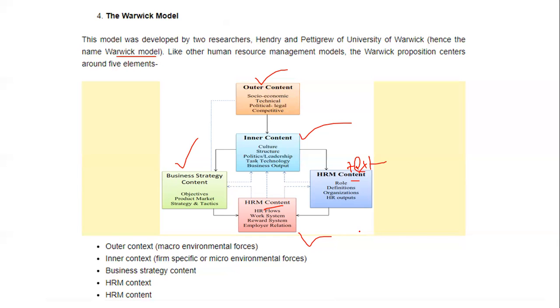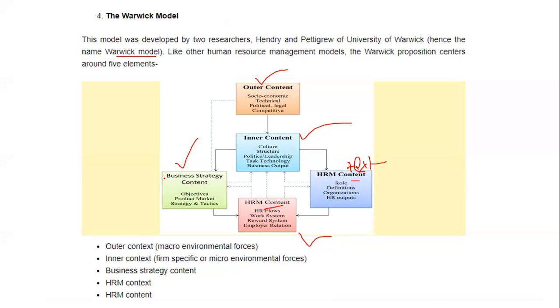Now, let's properly understand this model very well. Take into consideration the business strategy. Here in this model, the business strategy and the HRM context or content are like a guest.